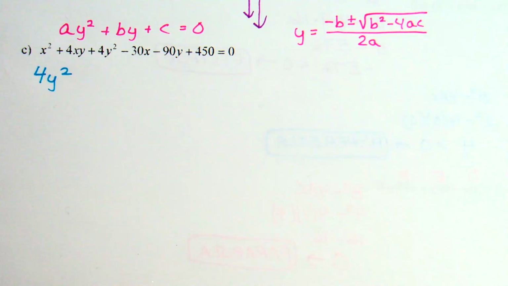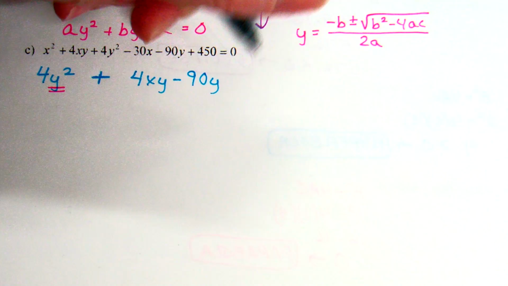B is the coefficient of the y's. What coefficients do we have on the y's? We have a 4x and a minus 90. So essentially I'm going to factor out a y and put it at the end.